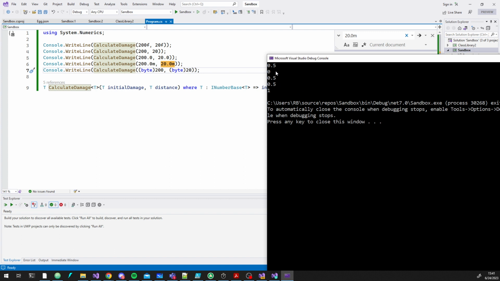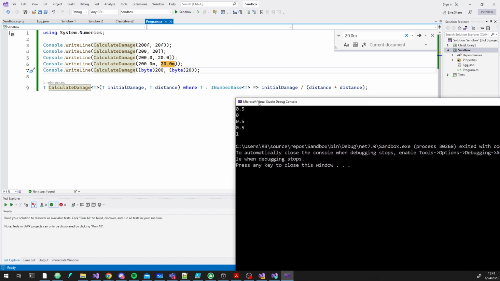It's interesting that the byte version ended up as a 1, right? And that's probably because we've run into limitations on the type itself. If distance, which is the second one, 20, is a, yeah, look at that. I've run into an overflow issue: 20 times 20 is 400, which is bigger than the maximum value that a byte has. So it's going to wrap around and end up at a totally different value.